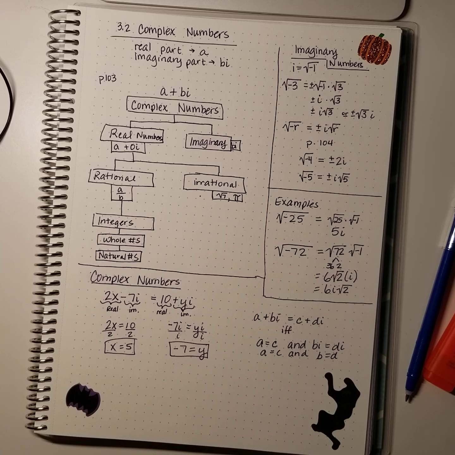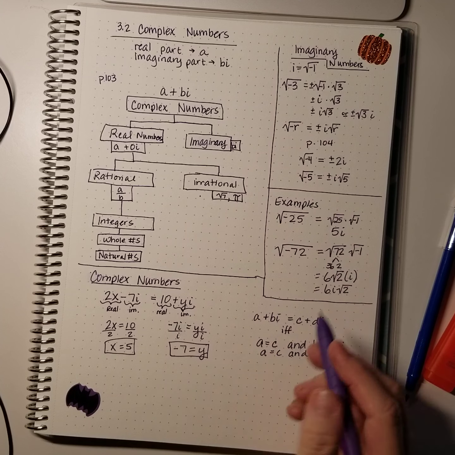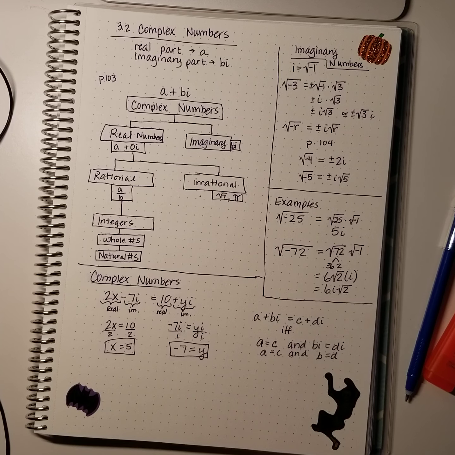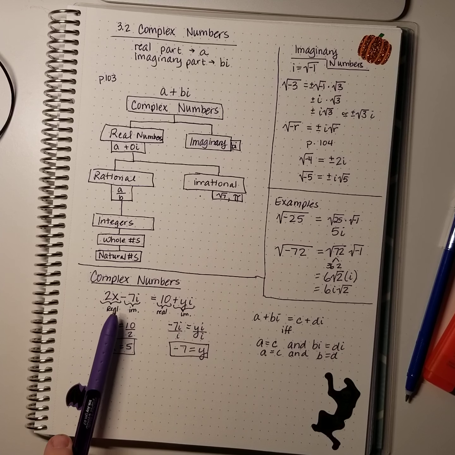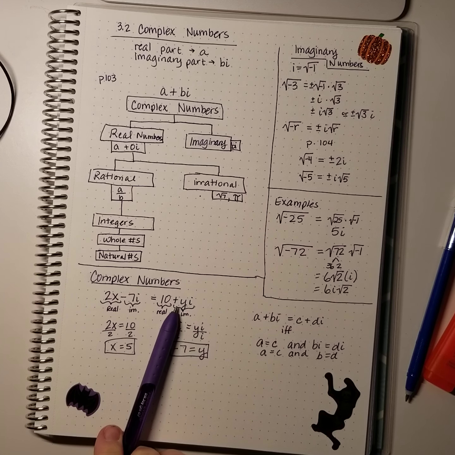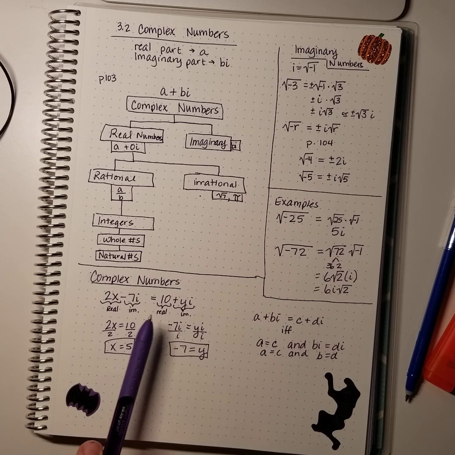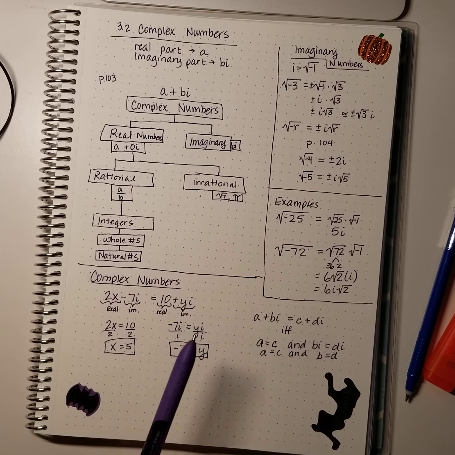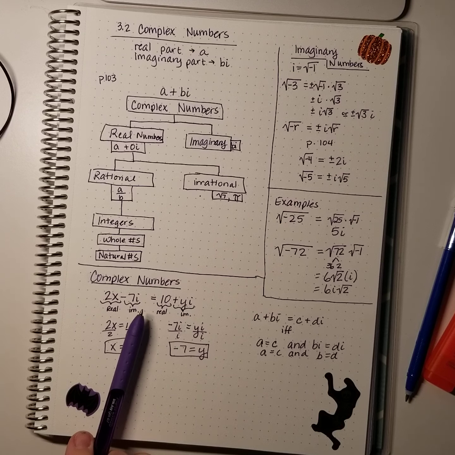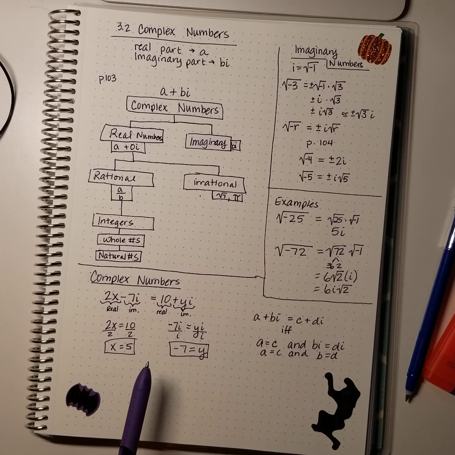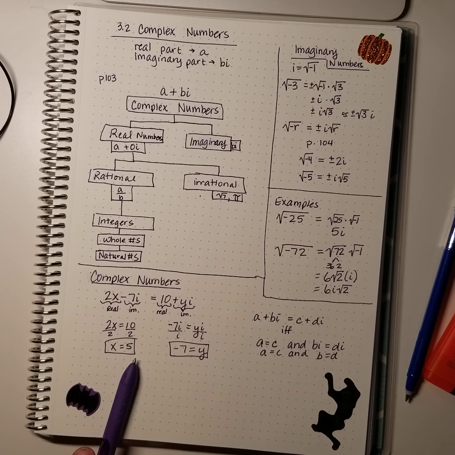Okay, so that's our rule. And that's basically our rules for looking at complex numbers and comparing two complex numbers and setting them equal to each other. Our next little video is going to go over operations with complex numbers. This is really just an introduction.